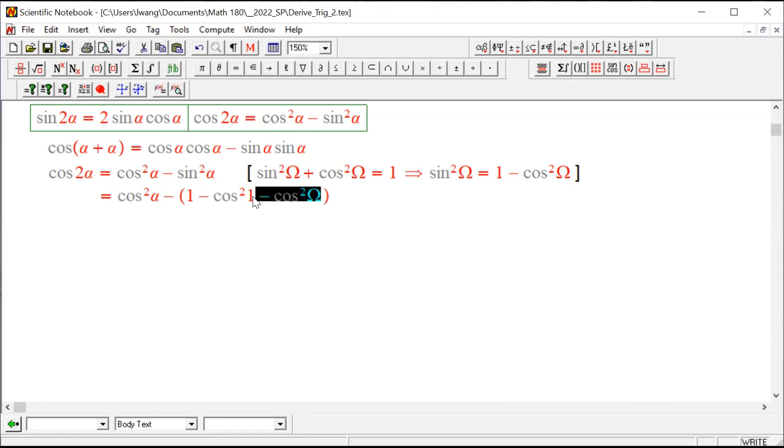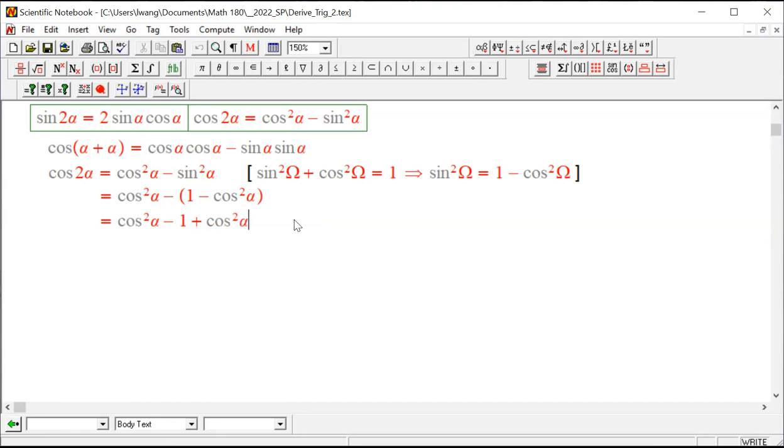Then we're going to open up the parentheses. So cosine square alpha minus 1 plus cosine square alpha.